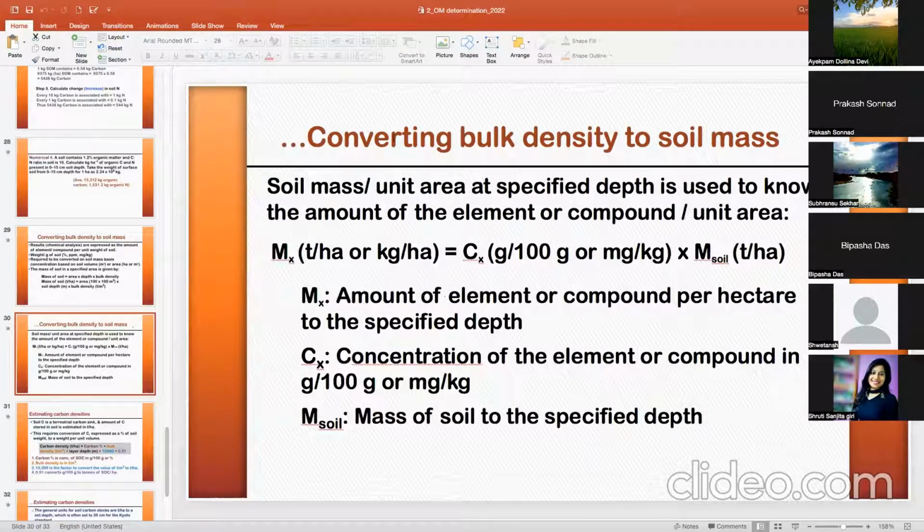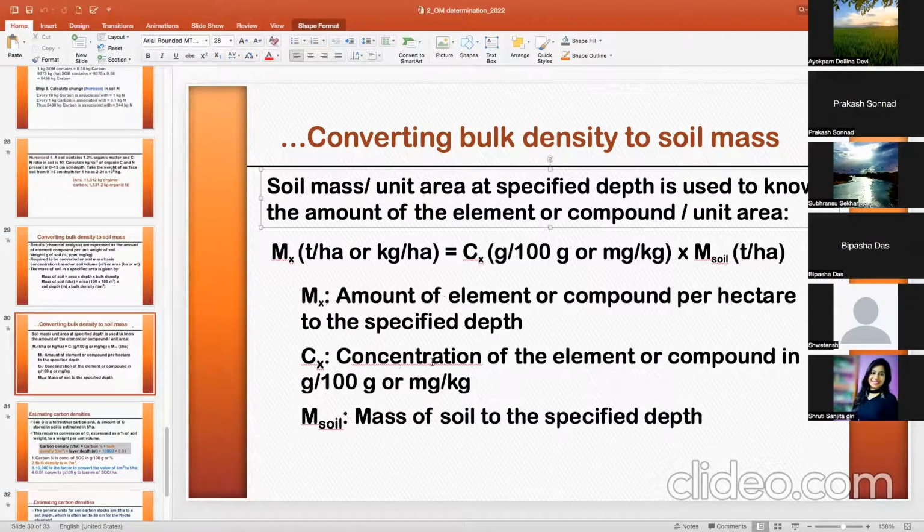Soil mass per unit area at a specified depth is used to know the amount of the element or compound per unit area. So Mx is ton per hectare or kg per hectare. Mx is the amount of element or compound per hectare. Suppose you are working out organic carbon. So the amount of organic carbon in tons per hectare or kilogram per hectare is equal to Cx.